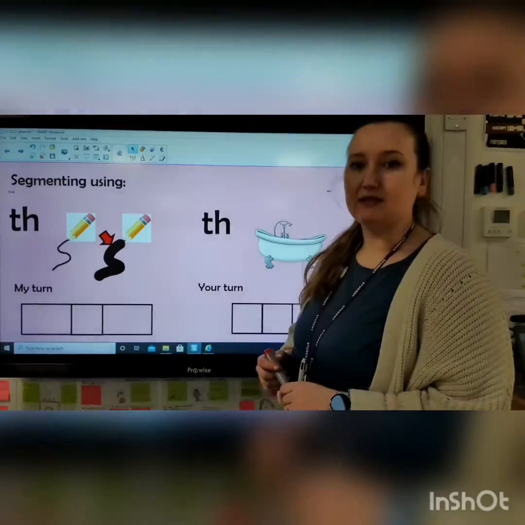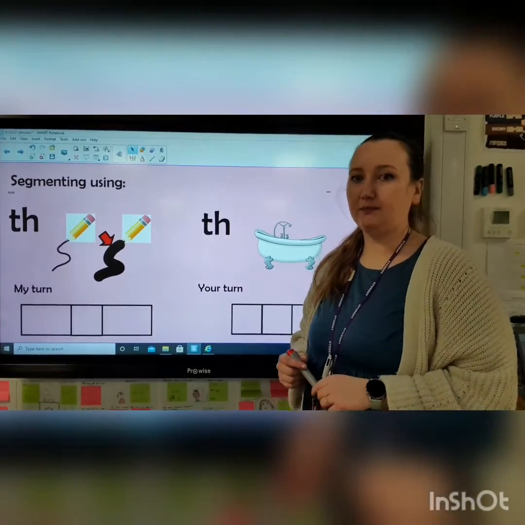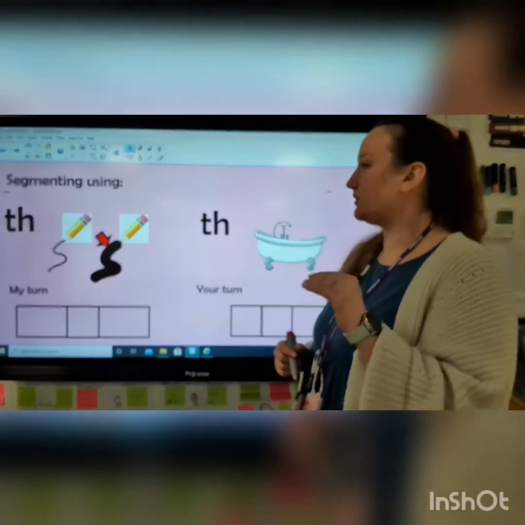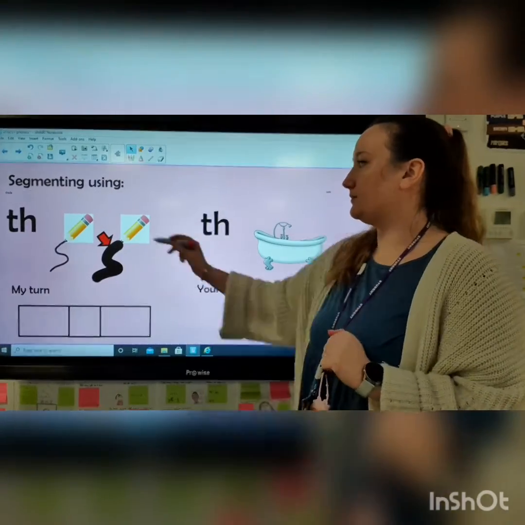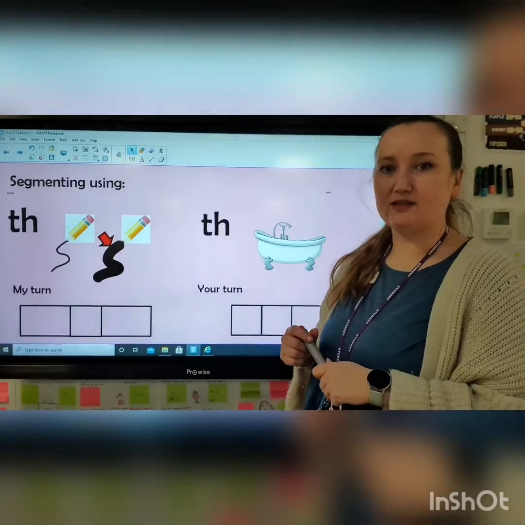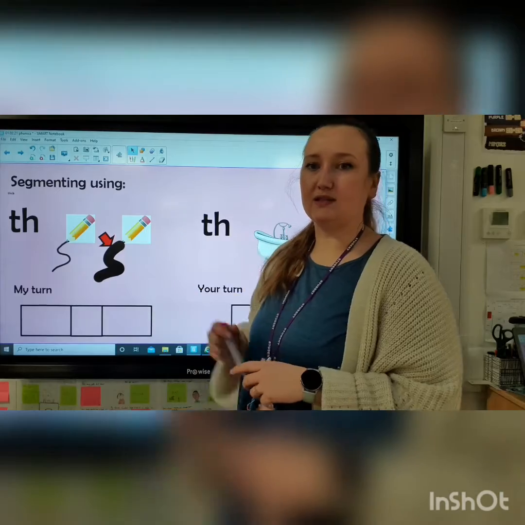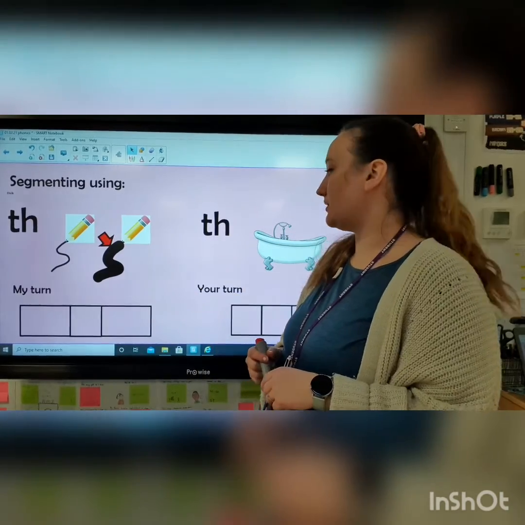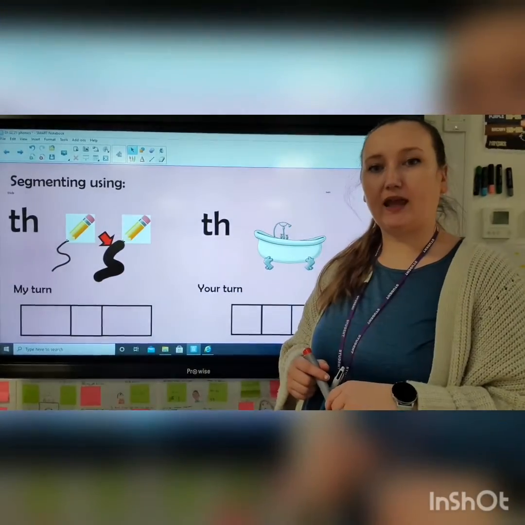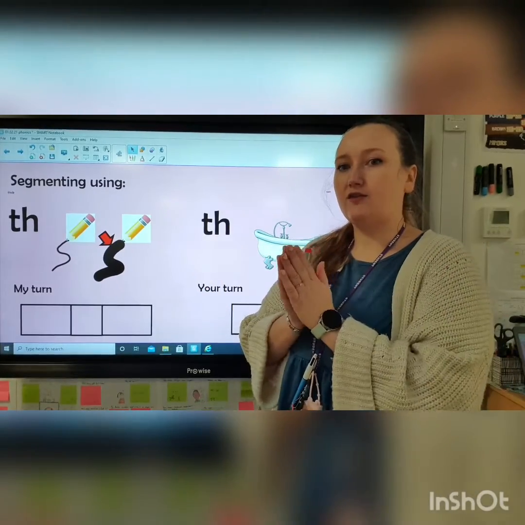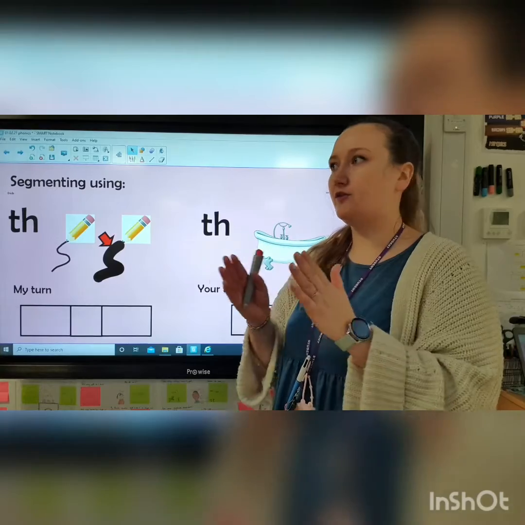Okay, so now we're going to segment using th. Don't know why the picture keeps zooming in and out. I hope it's okay. So we already know what these words say, don't we, because we just did it. This one was thin, and what was this one? Thick. So I'm going to write the word thick. So let's stretch it out to segment it to hear all the phonemes. Thick, thick.